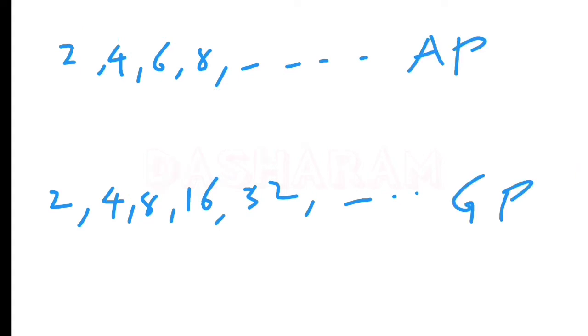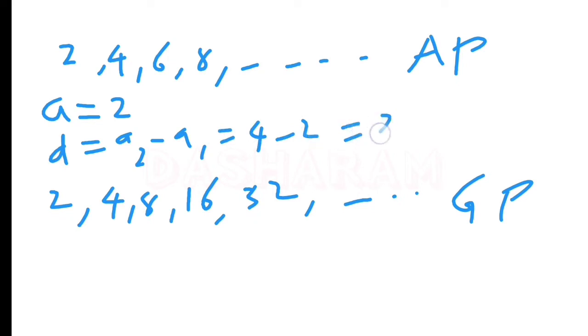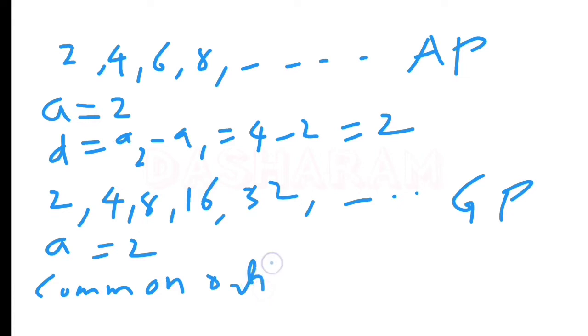In the arithmetic progression, the first term is denoted with A. So here the first term is 2 and the common difference d equals a2 minus a1, which is 4 minus 2, so 2. In the same way, let's see the GP. In the GP, the first term is the same, 2, and here the common ratio is denoted with small r.